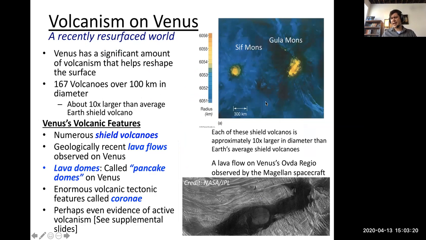I want to go ahead and take a look at volcanism and the volcanic features on Venus. This is going to be one of the more interesting pieces of the history of Venus. It's going to help us solve this puzzle of the surface being only 500 million years old. And if you think about it, Venus is almost the same size as the Earth, 95% the size, 81.5% the mass.